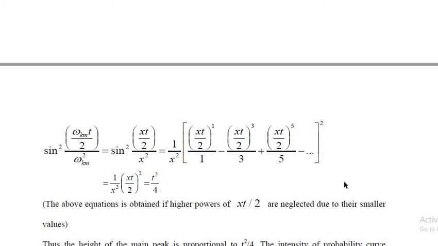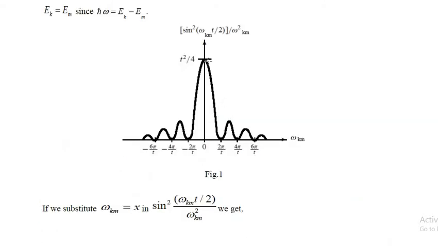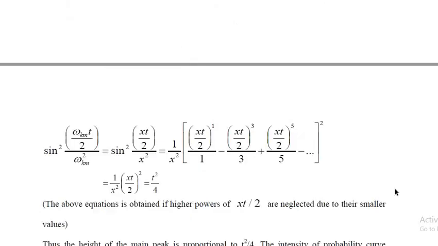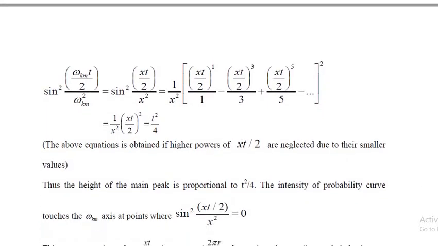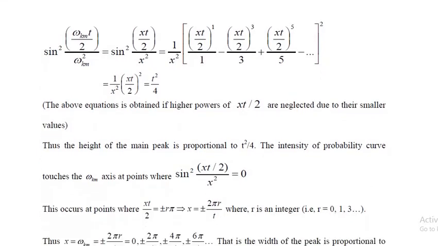Thus the height of the main peak is proportional to t²/4. The intensity of the probability curve touches the ω_km axis, that is the x-axis, at points where sin²(xt/2)/x² is equal to 0.